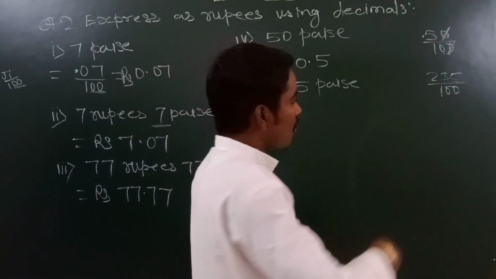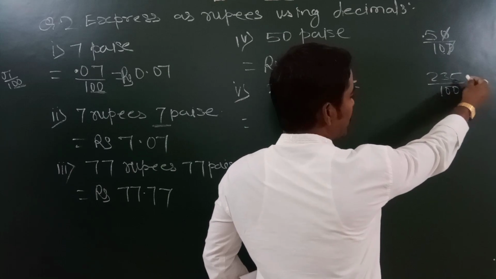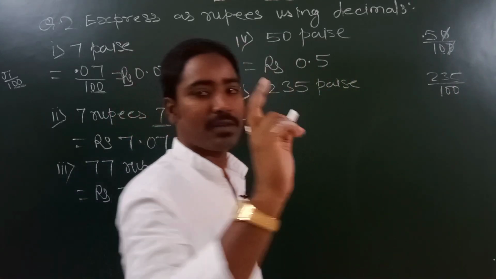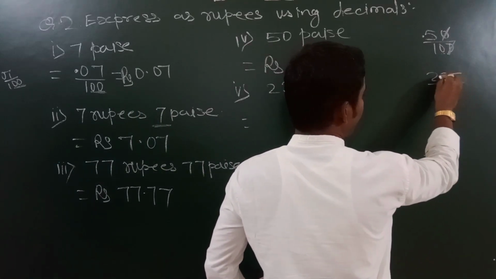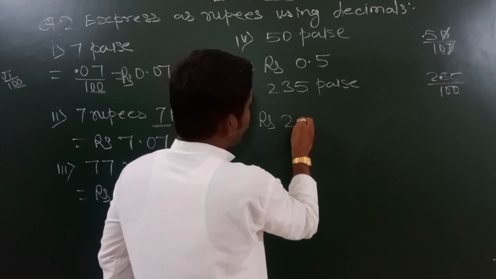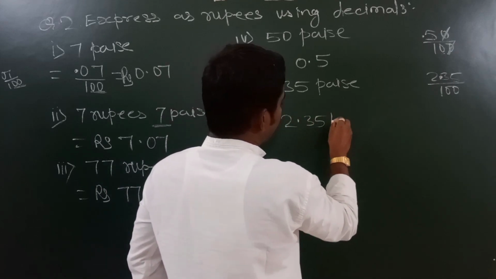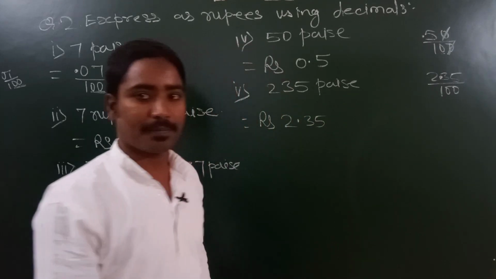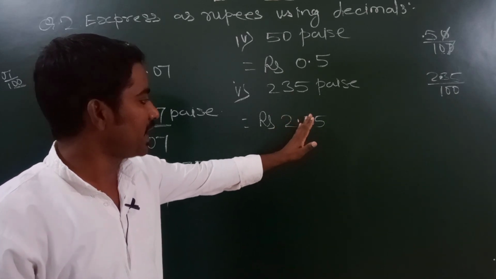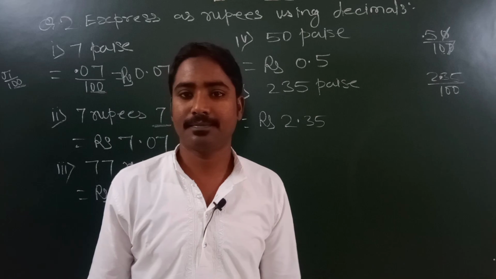So start your counting from the rightmost part, and after 2 digits place the decimal. That will be your answer. So 1, 2, then place the decimal here, and write rupees 2.35, not paise. It will be read as 2 rupees and 35 paise.